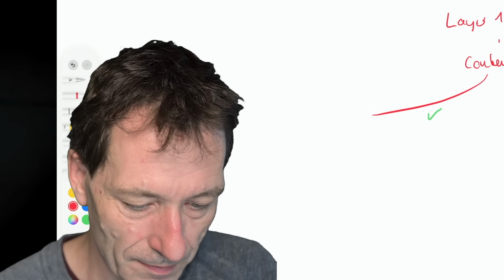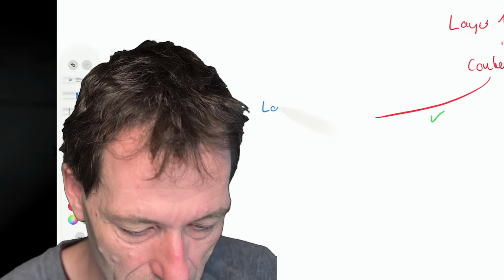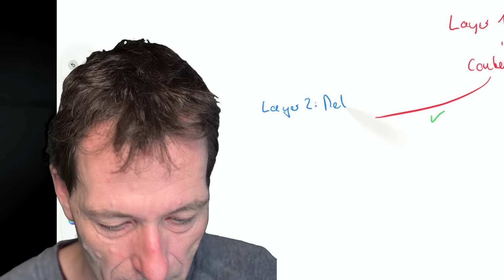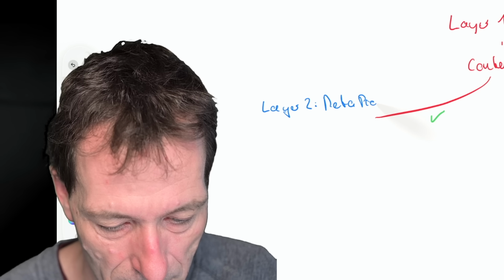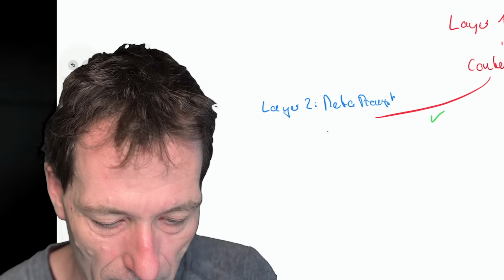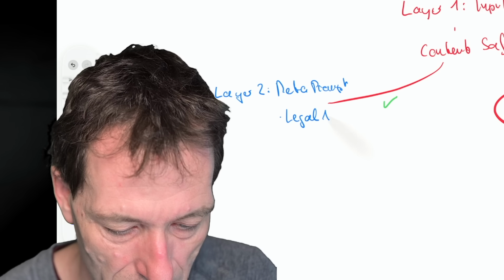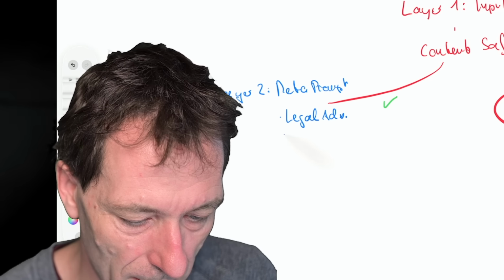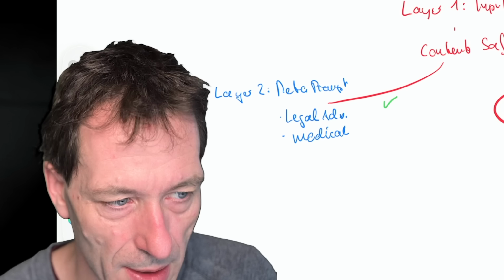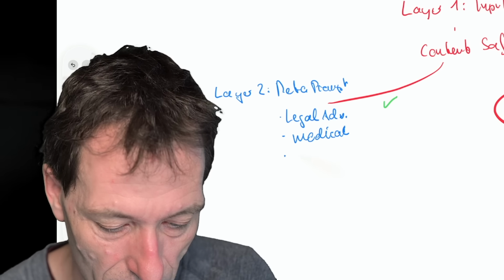The next guardrail is layer 2, the meta prompt. The meta prompt checks for legal advice, medical advice, and topic, so stay focused, right?